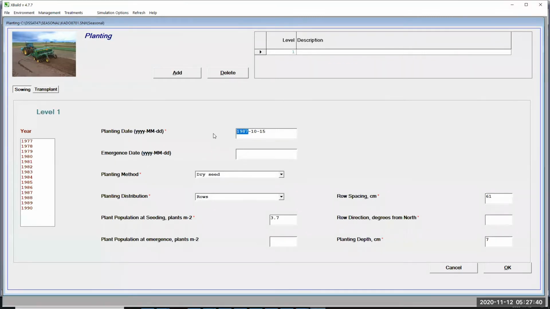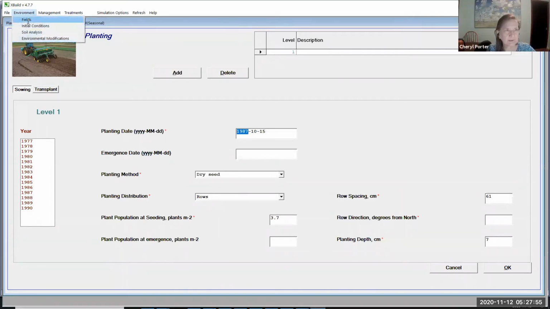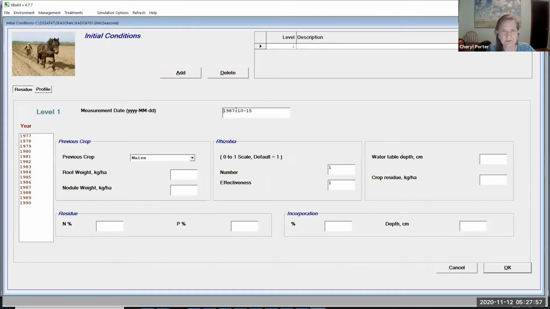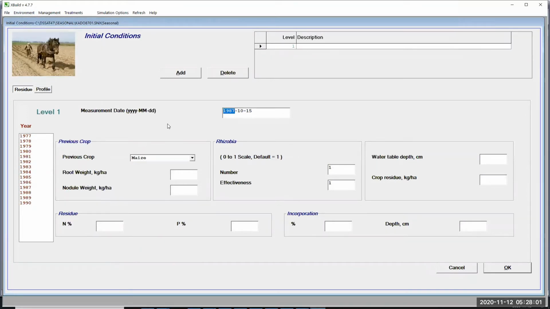And similarly, the initial conditions date is also 1987. It has to match the date of the initial conditions, so it is the same: October 15, 1987.